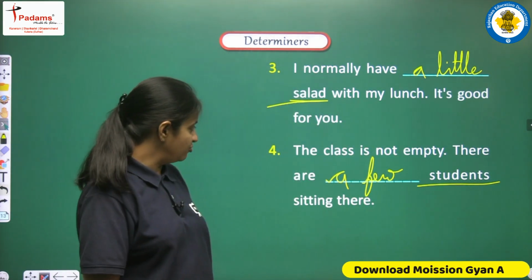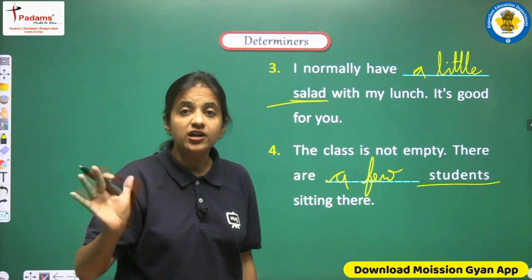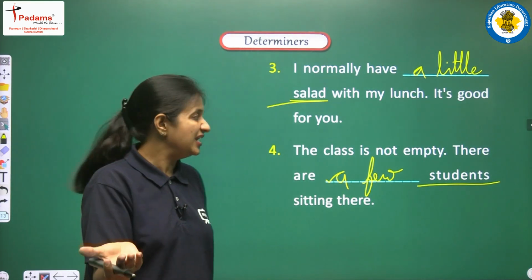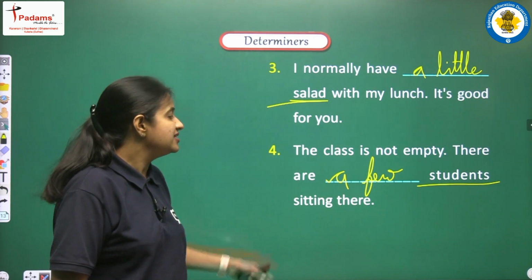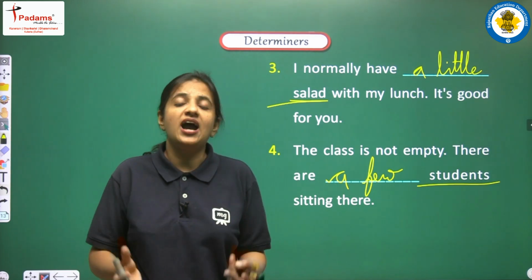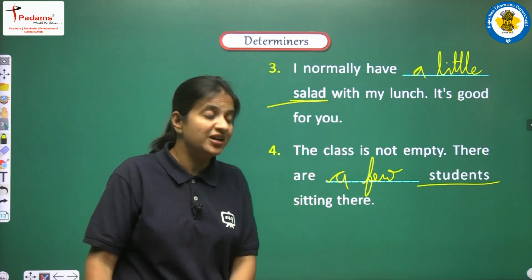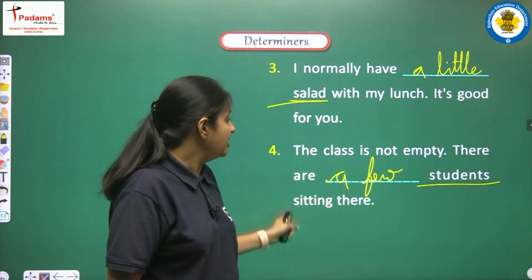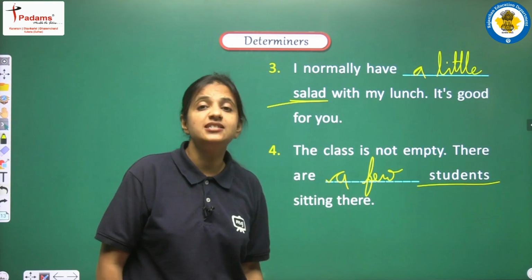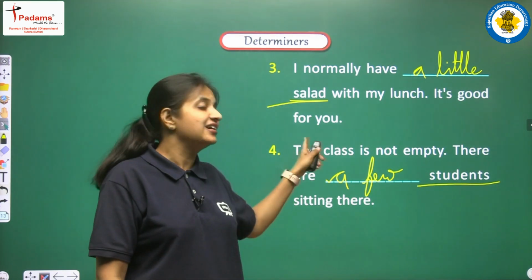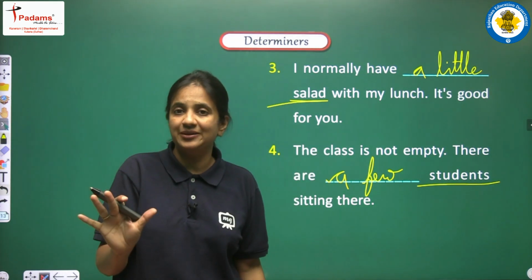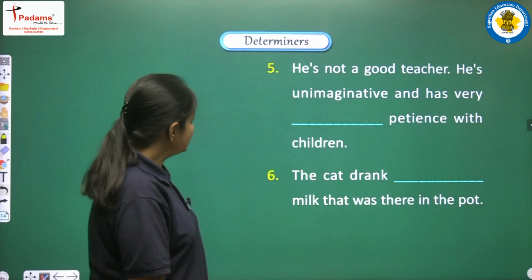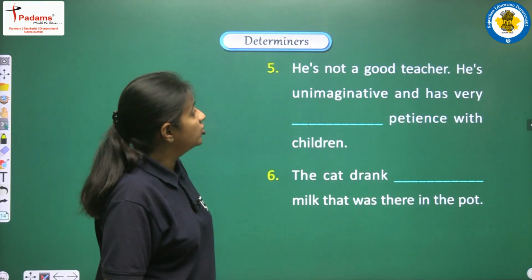So the sentence will be: the class is not empty. Why is the class not empty? Because there are still some students in the class, so we are trying to show a positive number. So for that we are using a few. Here we have: there are a few students sitting there, and this is the reason the class is not empty. Clear?